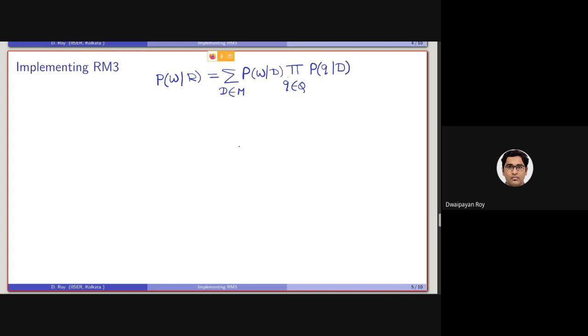So this was the RM1 model. Note that this is the RM1 model.